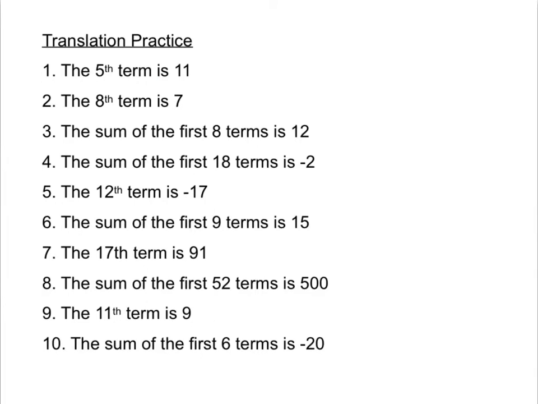Okay, now we can go through the problems if you've done them. For the first one, we've got the fifth term is 11, and when we translate that into maths, we get a plus 4d is 11. The next question says the eighth term is 7, so we've got a plus 7d equals 7. This one says the sum of the first 8 terms is 12, so we use this formula.